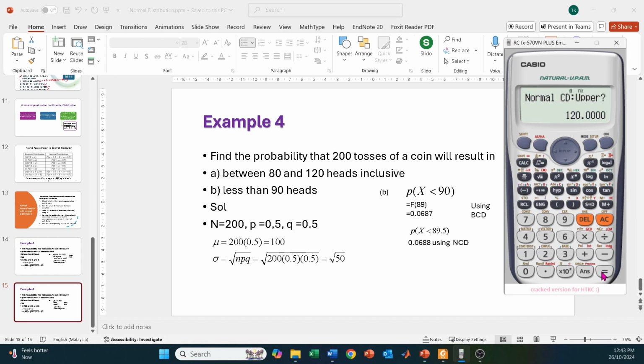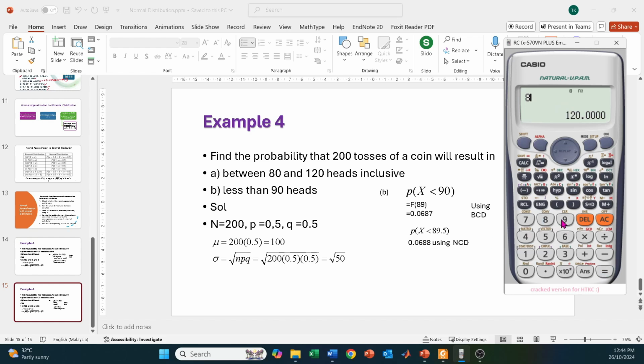Sorry, less than 89.5, so the upper bound is actually 89.5. Lower is a very small number, say negative 9 times 10 to the power of 99, since the maximum is 89.5.